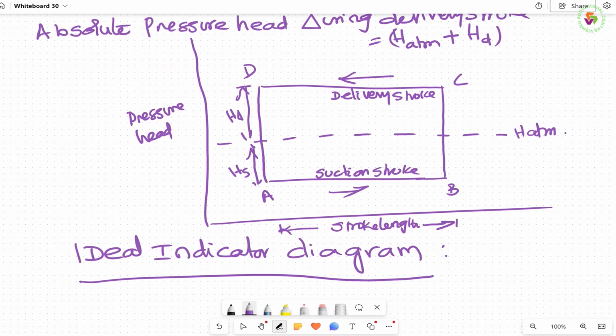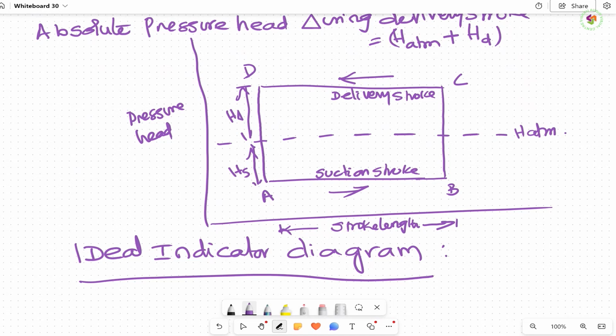So what is the real indicator diagram? If the effects of the acceleration of the piston and the effects of the friction in the suction and delivery pipes are taken into account, automatically the pressure changes in the suction and in the delivery. If you reflect those pressure changes also, they are called the real indicator diagrams.